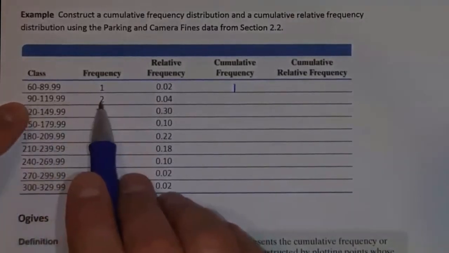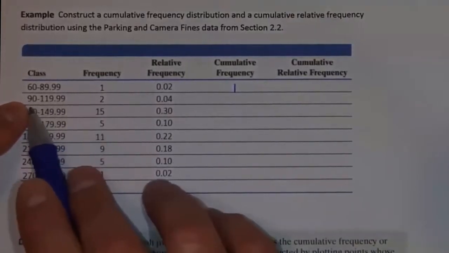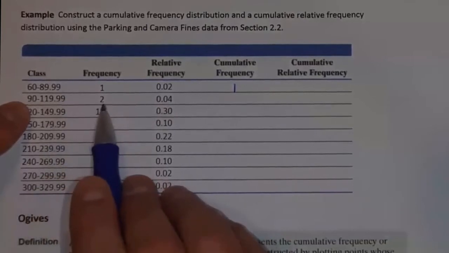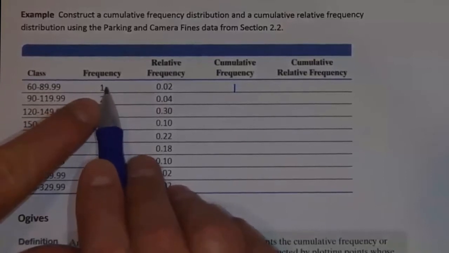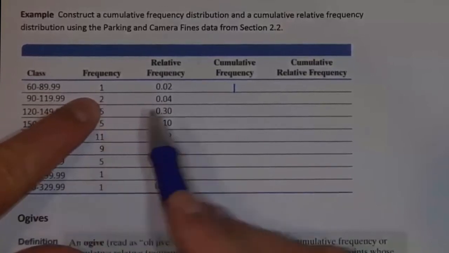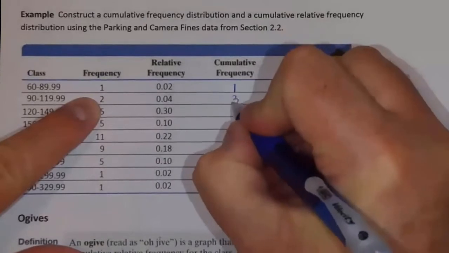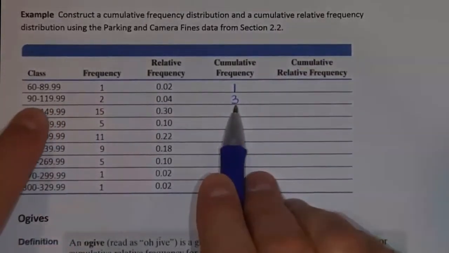If the frequency for 90 to 119.99 is 2, then the cumulative frequency is going to be those 2 plus the previous 1. So 2 plus 1 is 3. So the cumulative frequency for this class is 3.